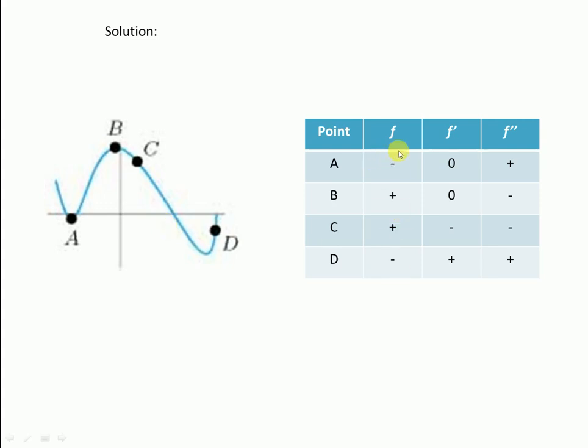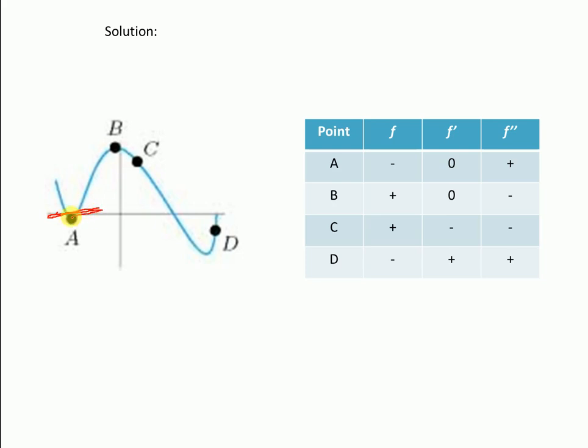Now we want to consider the slope, or f prime. F prime is the slope, or the derivative, of this function at these 4 points. So at point A, if we draw the tangent line, we're going to get the tangent line up like this.